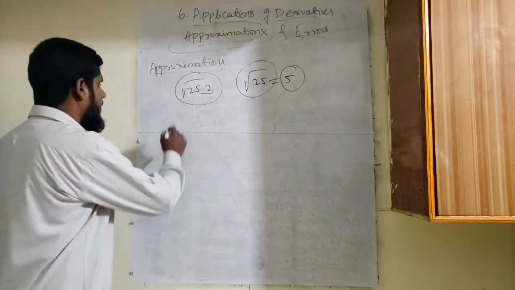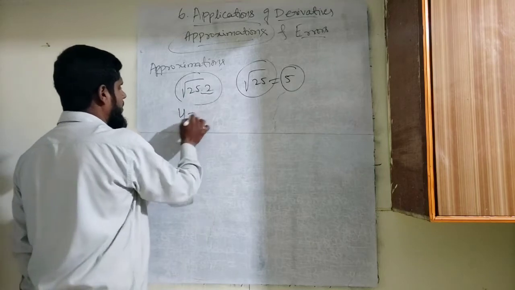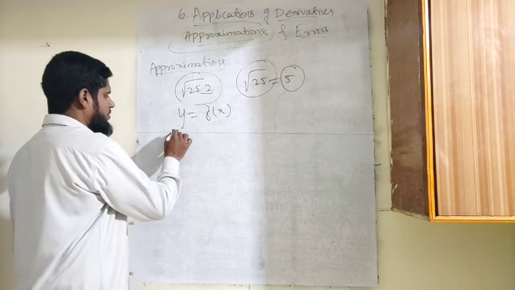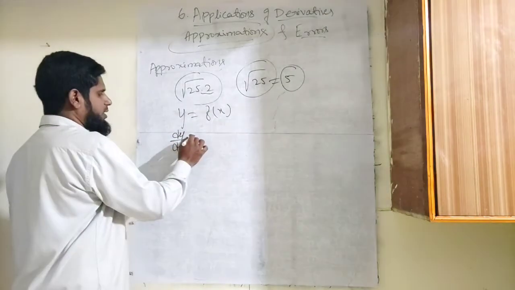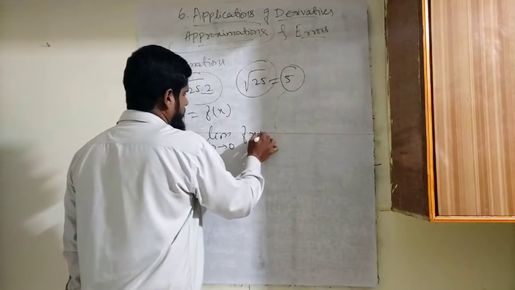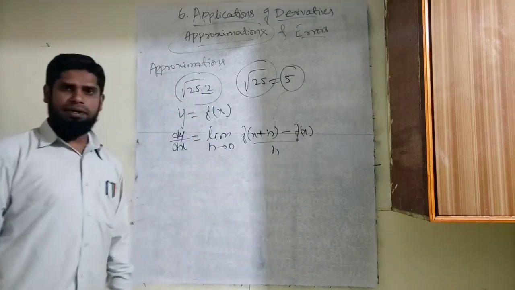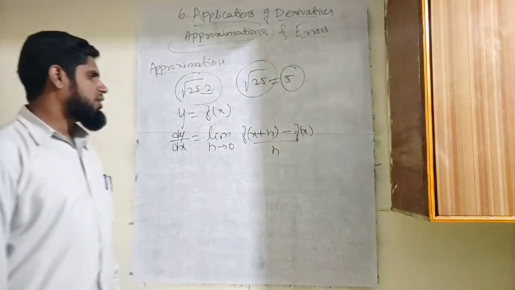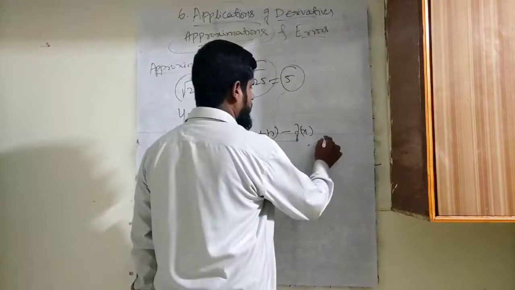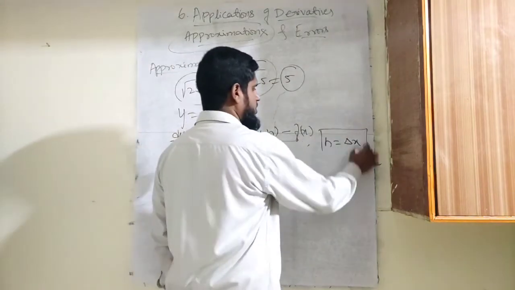What exactly it says is, if y is equal to f of x is a function, and if you are finding the derivative of this function, then we used to write dy by dx is equal to limit h tends to 0 of f of x plus h minus f of x divided by h, where h is a small change in x, or here we can also call h exactly equal to delta x.